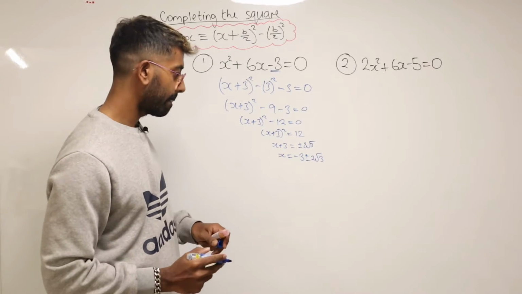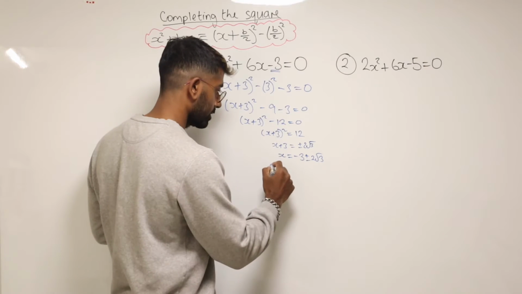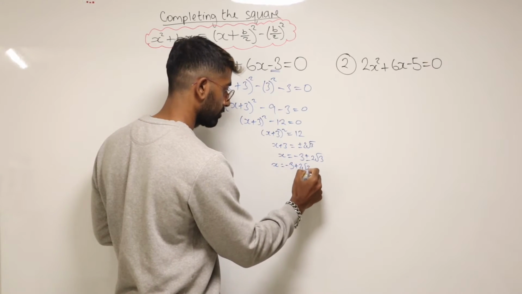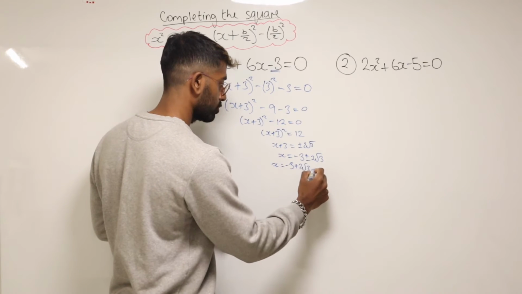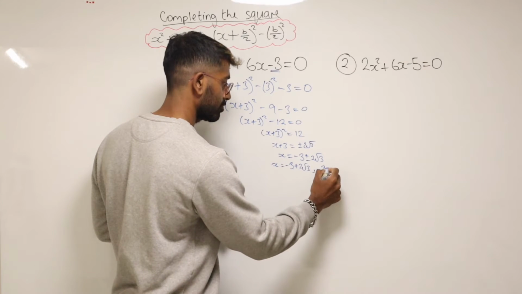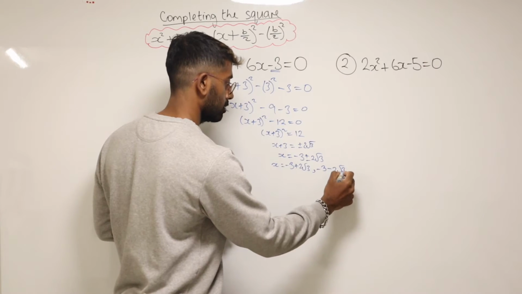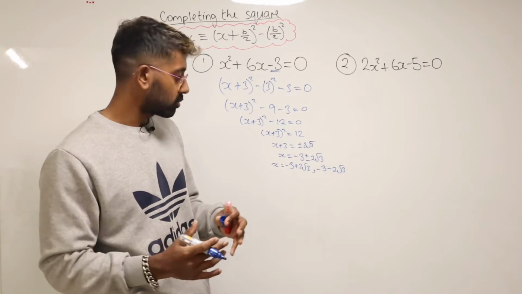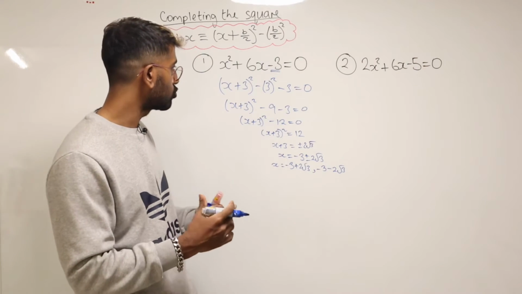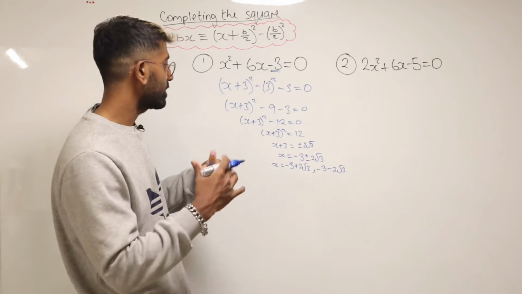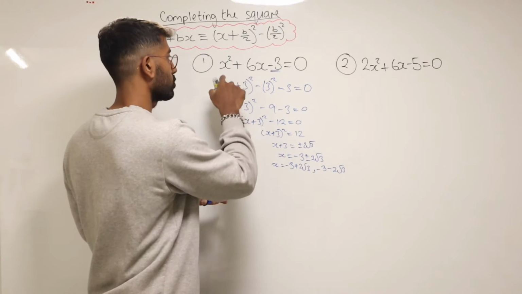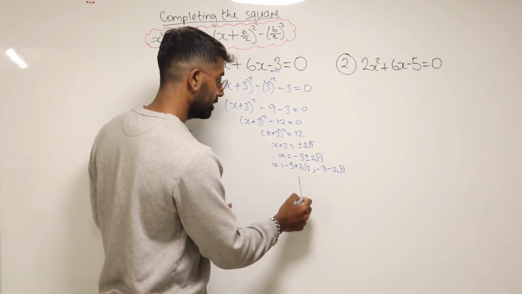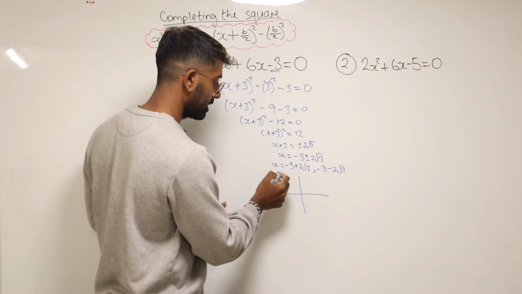So there we go. Our first answer here, we'll have x is equal to minus 3 plus 2 square root 3. And our second answer will be minus 3 minus 2 square root 3. And so what does this actually give us? Well, if we drew the graph of y equals x squared plus 6x minus 3, then what we'd be looking at is something maybe like this.